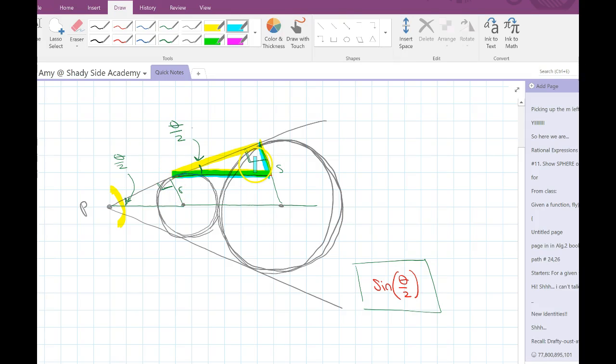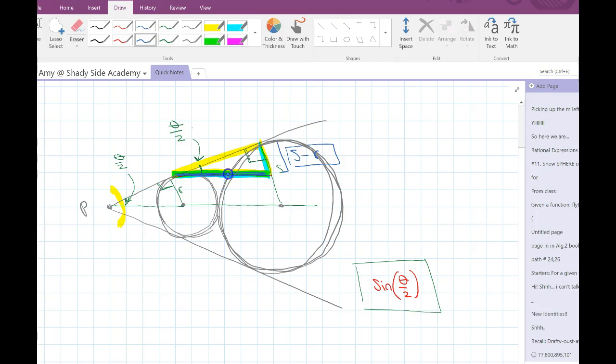Oh no, what are these lengths? Well, let's see. If this whole length is s, and this length is r, but this length r, look, this length has to be this length. That means the blue length here is s minus r. So that's the opposite. What's this hypotenuse length?